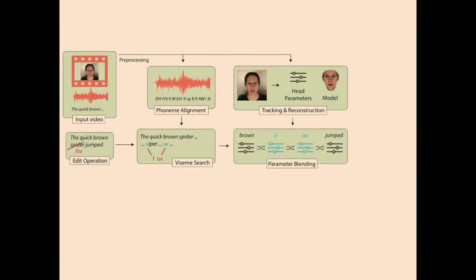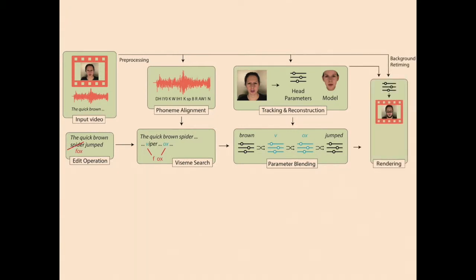And then we take the head parameters of the original video for those phonemes and blend them together to generate a new blend shape model for the video where she's saying fox. Okay, that generates a pretty good rendering of the lower part of the jaw, and we use the background video for the rest. And then finally, we use a generative adversarial network to fill in the rest of the frame.